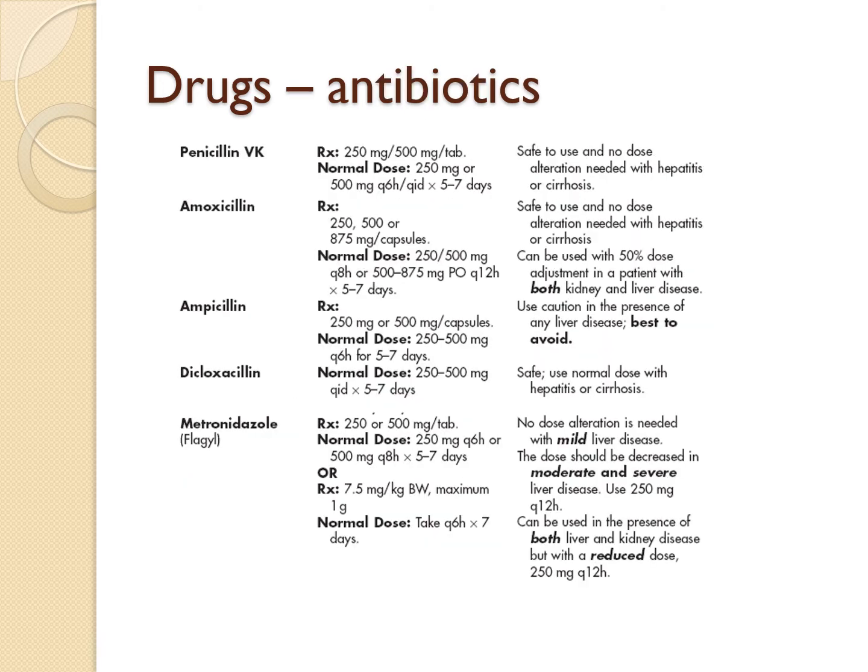And antibiotics like penicillin are 250 to 500 milligram. Normally it's 250 or 500, a safer dose, and no dose alteration is needed in hepatitis. Amoxicillin is also the same, 250 to 500. And metronidazole, that is Flagyl, is also the same, 200 to 500.